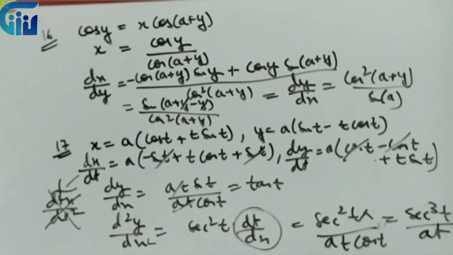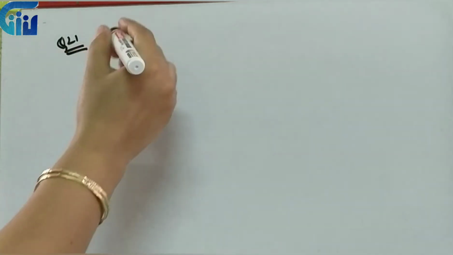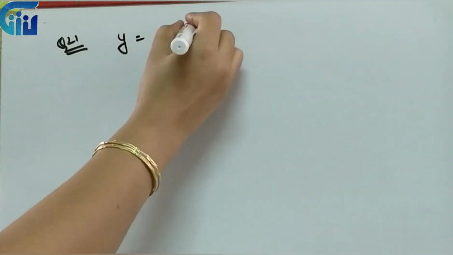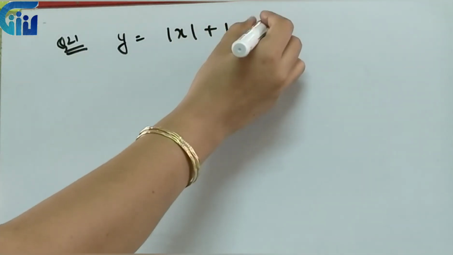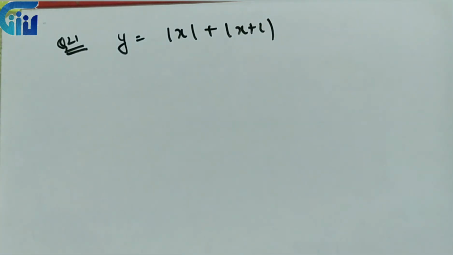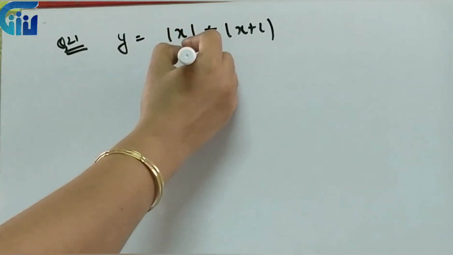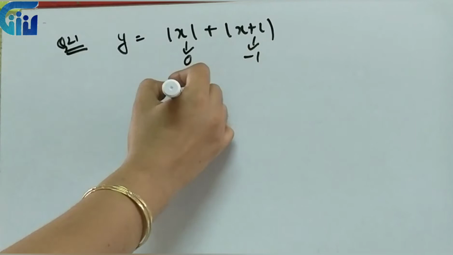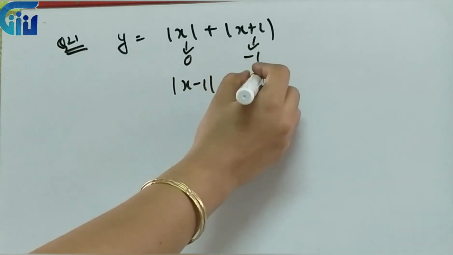Question 21 says: does there exist a function which is continuous everywhere but not differentiable at exactly 2 points? When we were doing differentiation, I told you about the function we get when we write the sum of two modulus functions. It is continuous everywhere but not differentiable at exactly 2 points, here 2 and minus 1. Similarly, I can construct n number of functions.